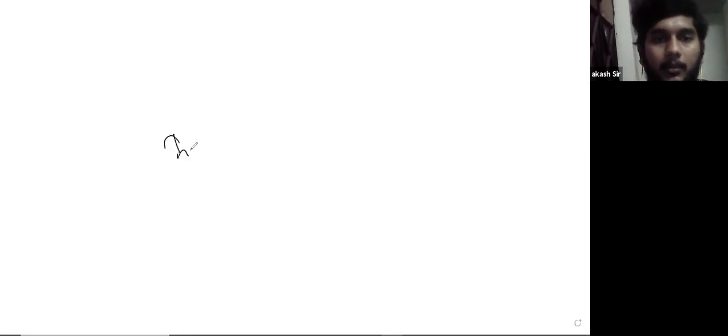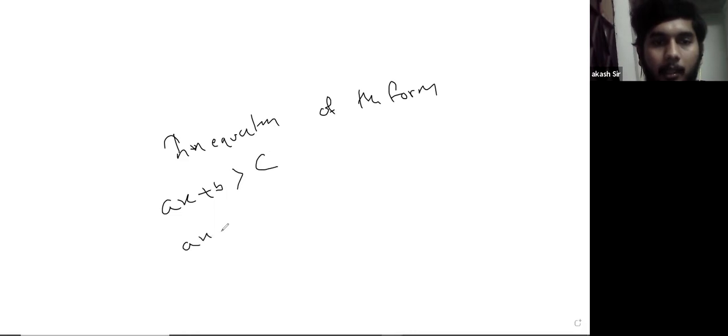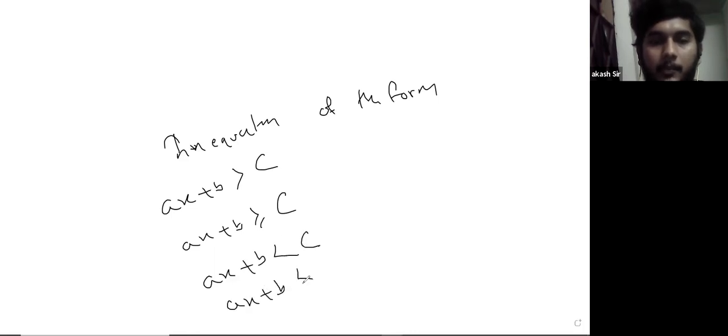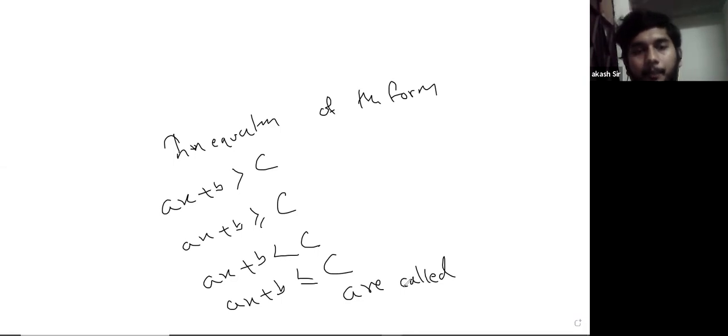Let A be a non-zero real number and X be a variable, then the inequation of the form Ax plus B is greater than C, Ax plus B is greater than equals to C, Ax plus B less than C, Ax plus B less than equals to C are called linear inequations in one variable.